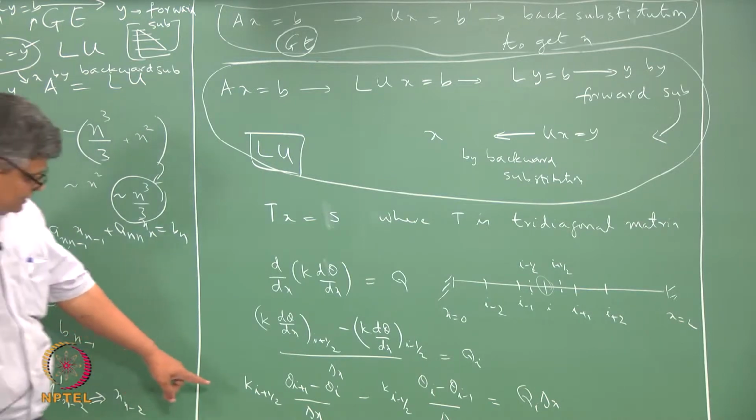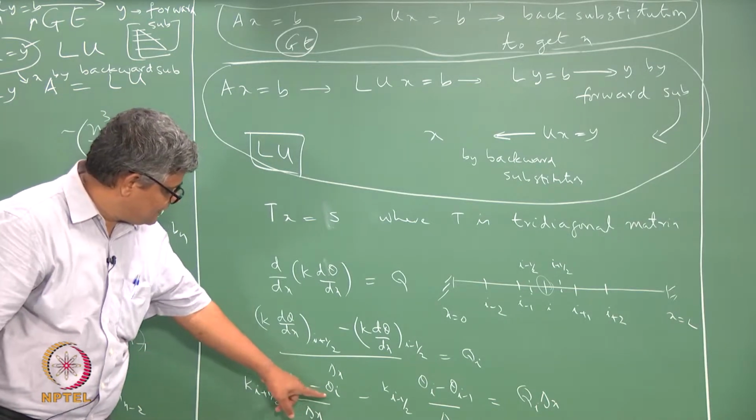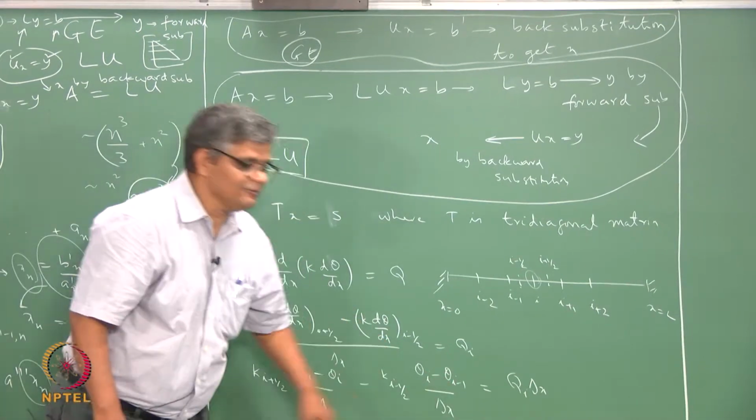Okay. So, here we see that we have theta I plus 1 and theta I minus 1.